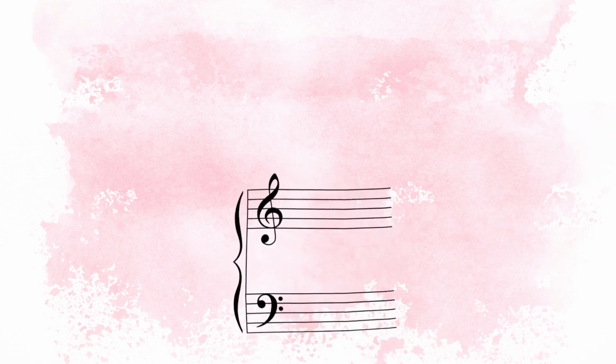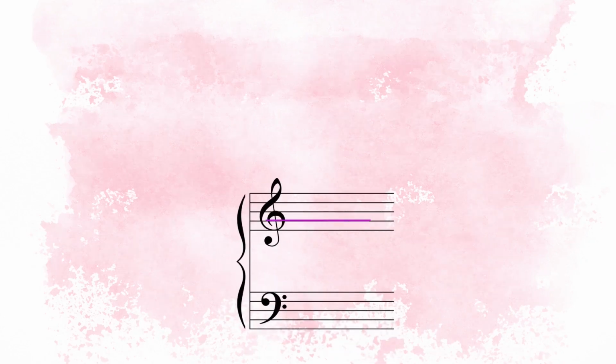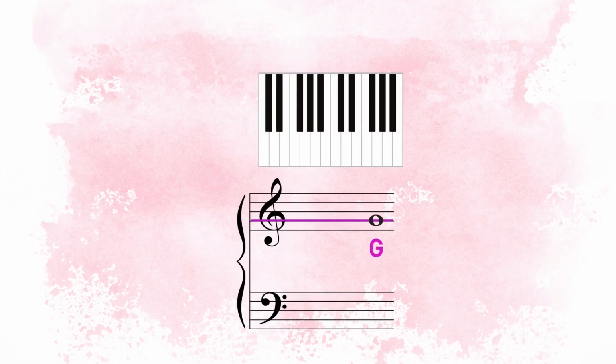Here's what you need to remember. On the G clef, we start counting notes from G on line 2, going up or down. G on line 2 is the first G up from mid C. On the F clef, we count them from line 4, which is F, the first F down from mid C. Mid C is in the same place for both clefs and the same pitch on the piano keyboard.